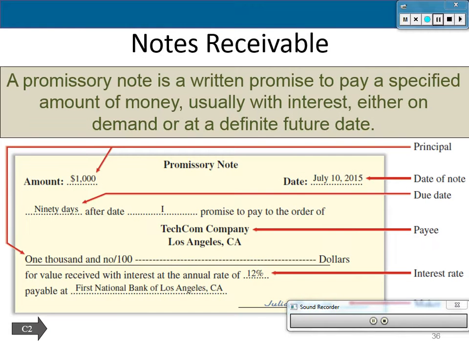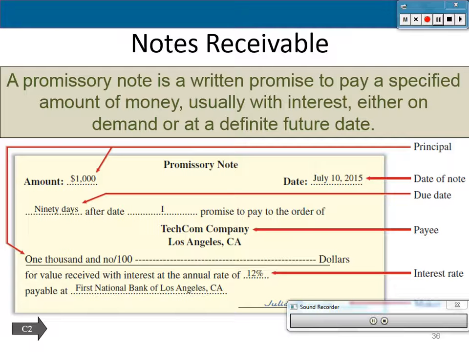So notes receivable. You've heard of it. It was 0.5%. If you convert it to a decimal and do 0.005, you'll get the $50. All right. Notes receivable.